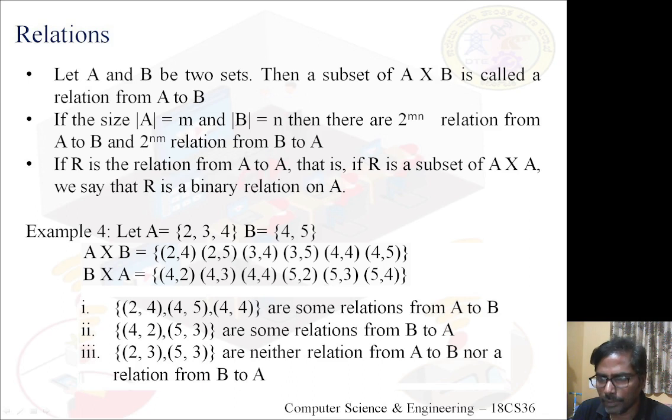So a relation from A to B is different from a relation from B to A. What is a relation from A to B? It's a subset of A cross B. What is a relation from B to A? It's a subset of B cross A.